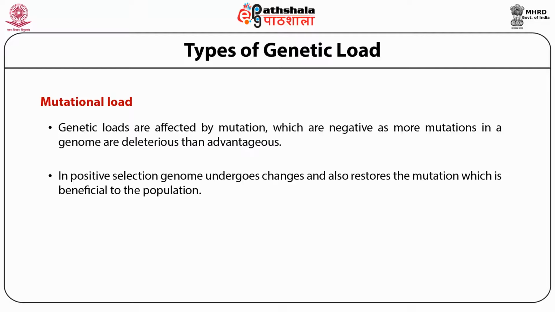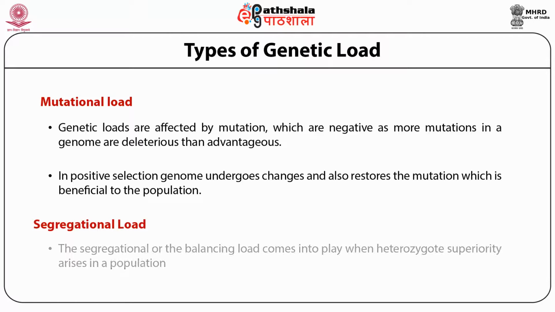Both components of mutational load arise because an ideal population consists of individuals homozygous for both beneficial as well as deleterious genes. The next in the category is segregational load. The segregational load is very simple, as it is defined as a balancing load which comes into play when heterozygote superiority arises in a population.